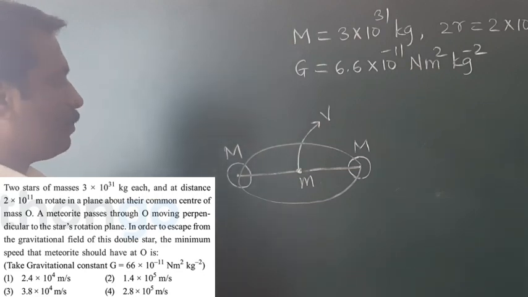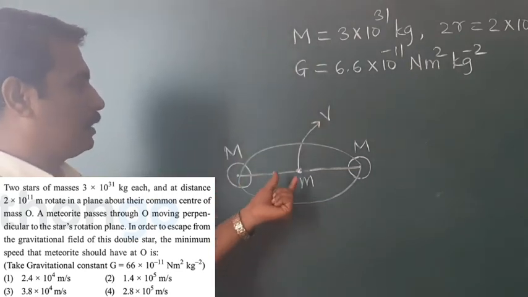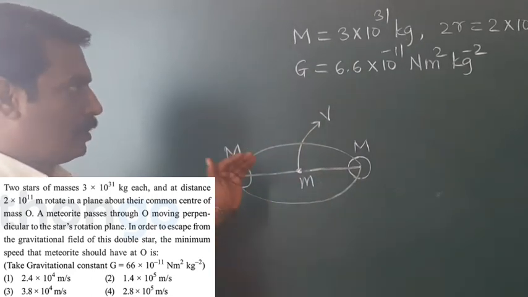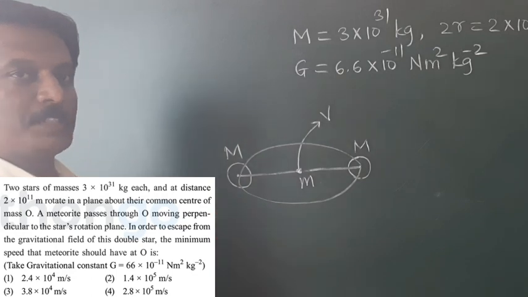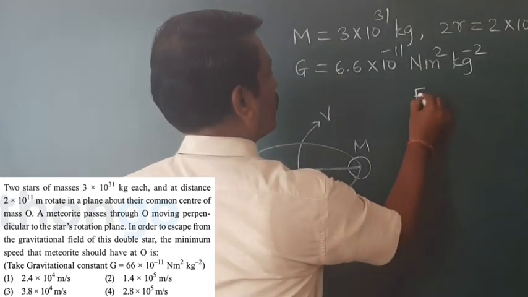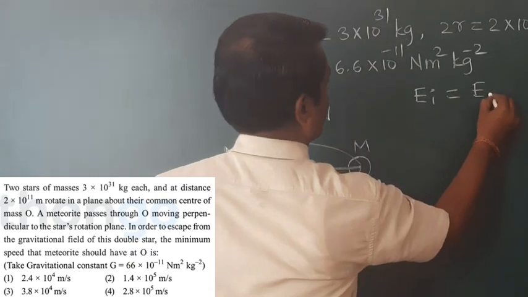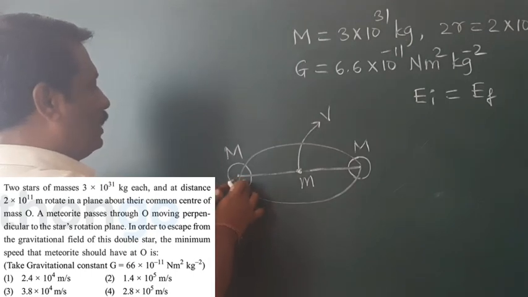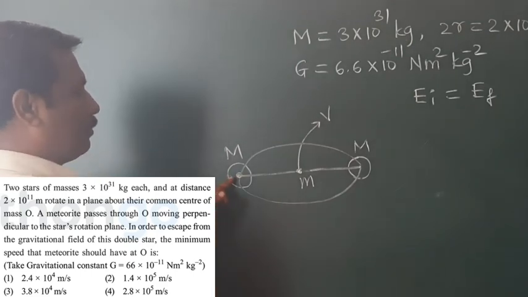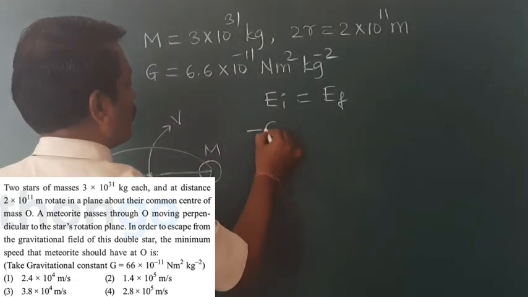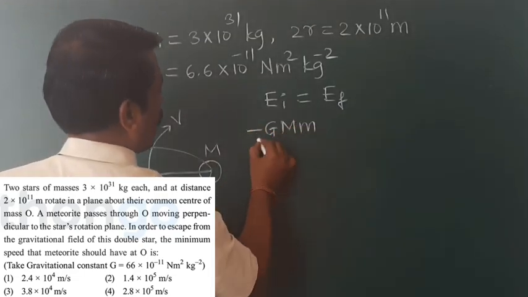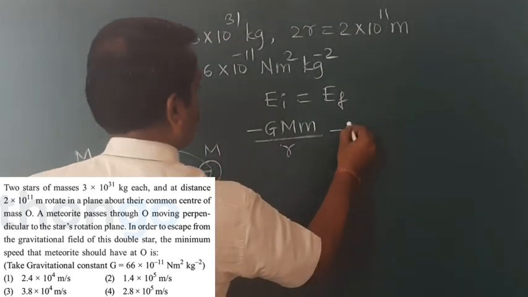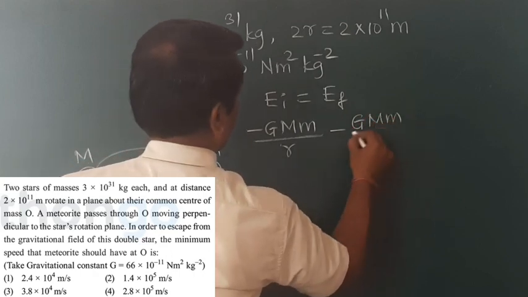When the meteorite escapes the gravitational force, its energy becomes 0, so we apply the law of conservation of energy: initial energy is equal to final energy. First we will write the initial energy of this system. The potential energy due to this star is minus GMm/R. Similarly, the potential energy due to the other star is minus GMm/R.